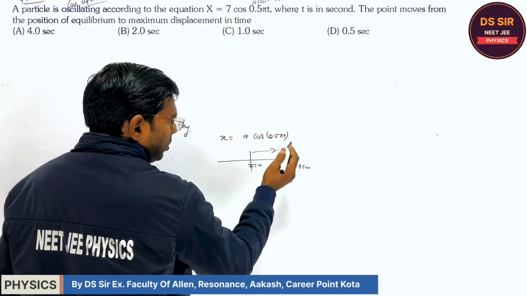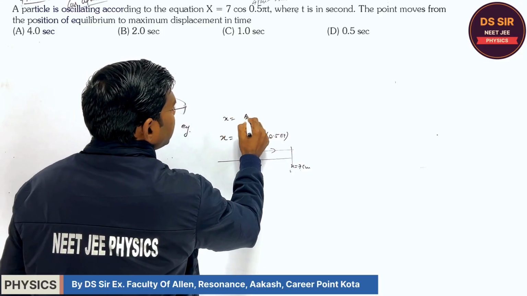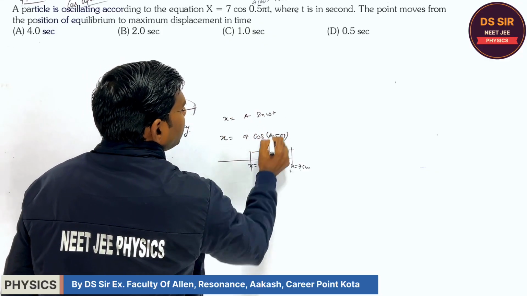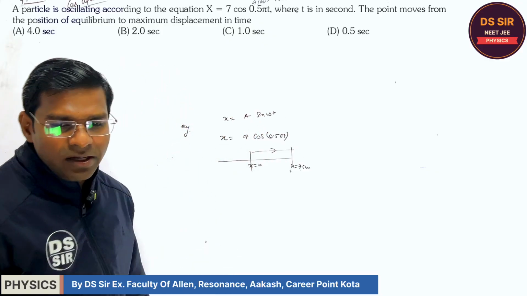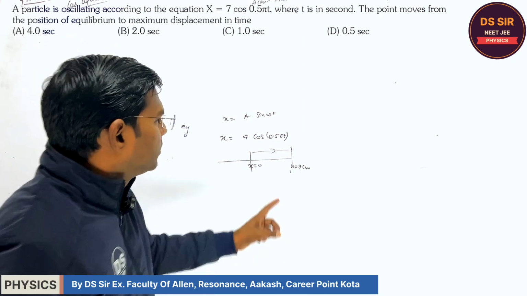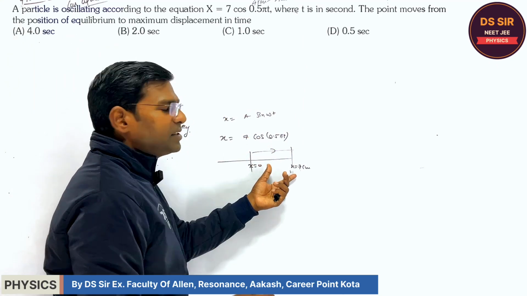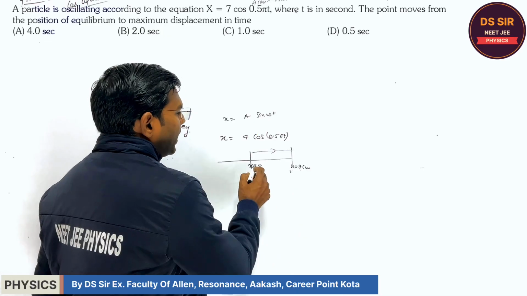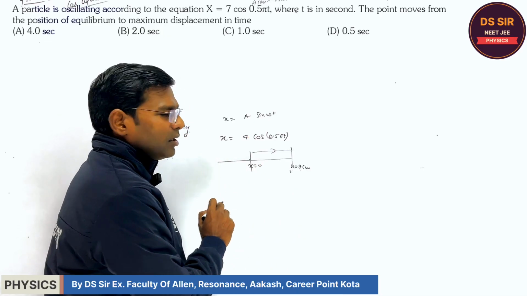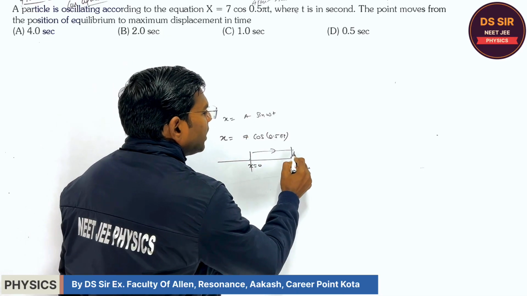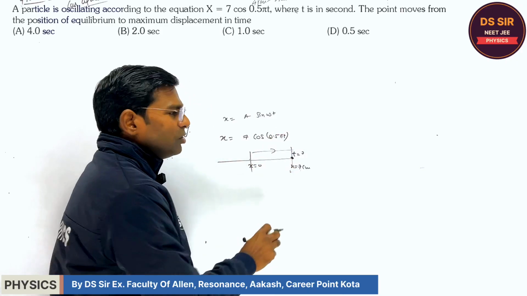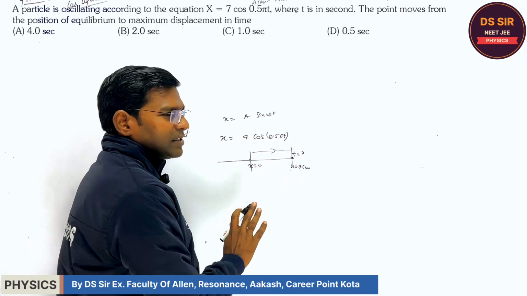Although I have told you the equation was A sin omega t type, but if it is A cos omega t type, then what does it mean? What does it mean? Yes, phase already present. The particle is not starting from here, rather it starts from here. At t equal to 0, the particle is at 7 centimeter.